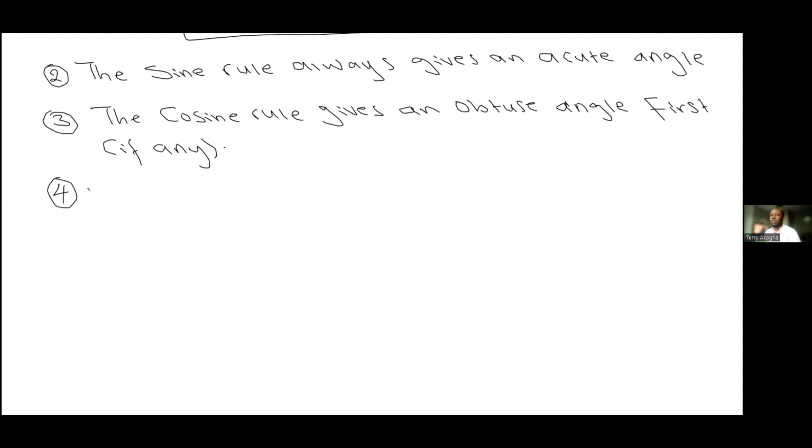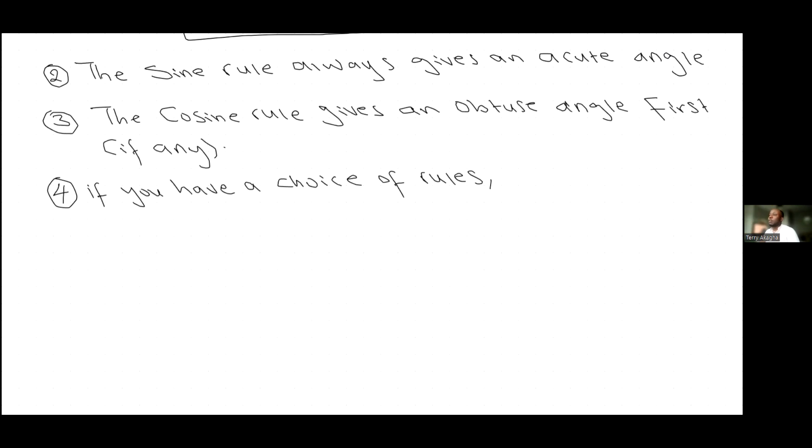So if you have a choice of rules, okay? The reason why I'm saying choice of rules is that in some cases, you have no choice than to use the sine rule at first. But when you have an option to choose either the sine rule or the cosine rule, please do use the cosine rule first to see if there's a possible large angle or obtuse angle there.